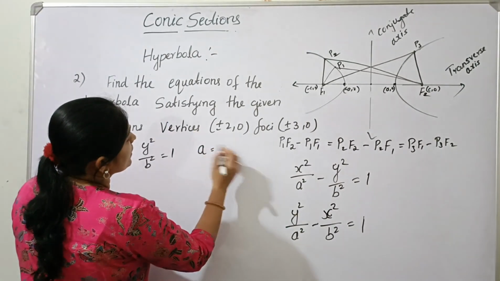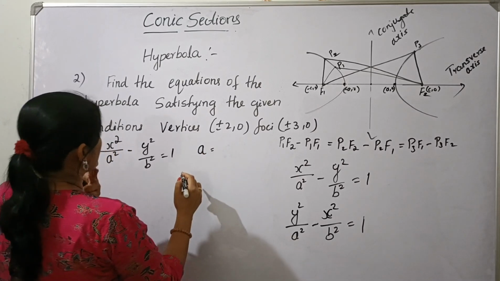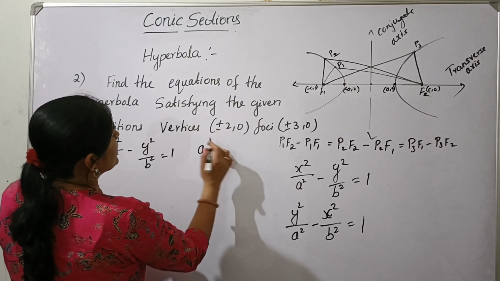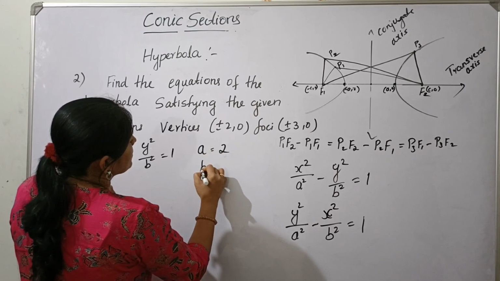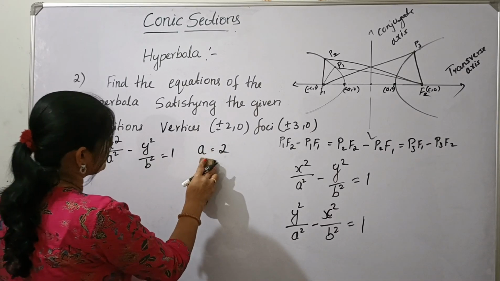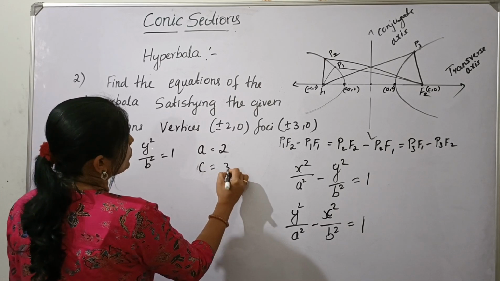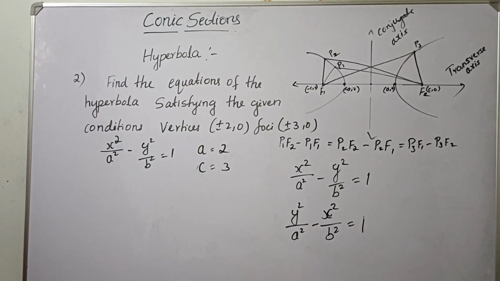So a is equal to 2 and c is equal to 3. Let us find the b value.